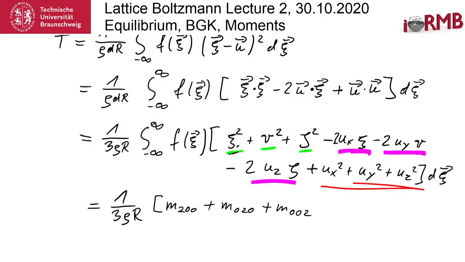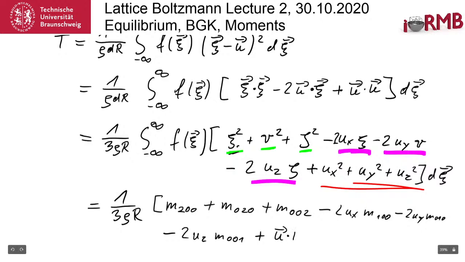Okay? Now coming to the first moment, so this is minus 2 ux M100 minus 2 uy M010 minus 2 uz M001. And back here we have the 0 moment, so I make this a bit simpler now, because I can combine all these guys together and we get M000. Okay, so this is what we have here.